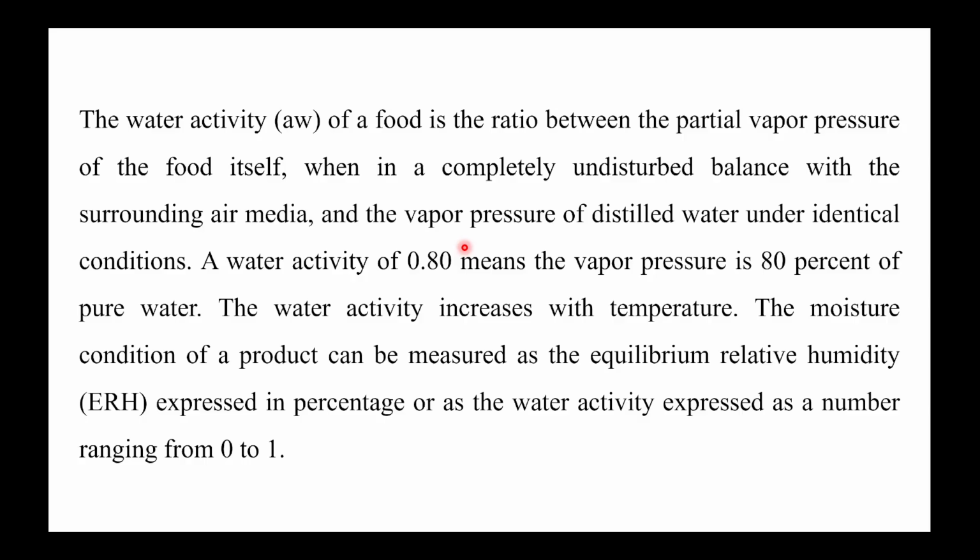Okay, and the water activity increases with temperature. That is natural, because with the increase in temperature, the solubility of certain salts and sugars will also increase in water. So overall water activity also increases. Moisture content of a product can be measured as the equilibrium relative humidity, that is ERH, expressed in percentage, or as water activity expressed as a number ranging from 0 to 1.